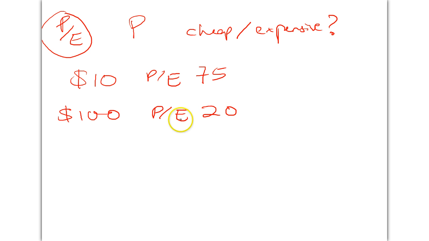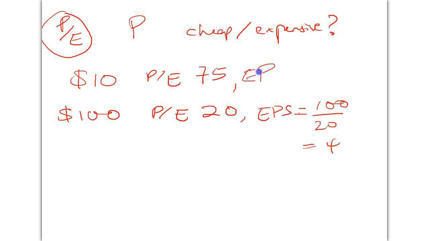In the second case, the earnings per share would be 100 over 20, which gives us 4. But in the first case, the earnings per share is 10 divided by 75, which is just $0.133.